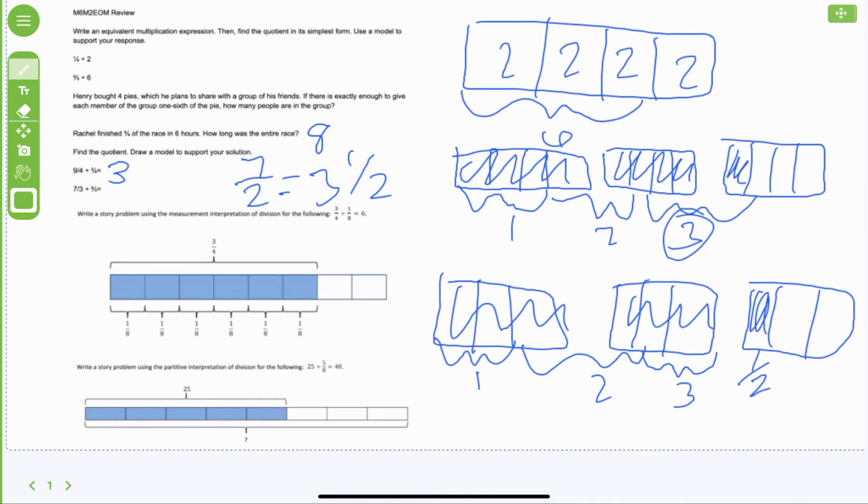Now, here we go with writing a story problem again. Write a story problem using the measurement interpretation of the division for the following. 3/4 divided by 1/8 is 6. So, what is your story, Celine?